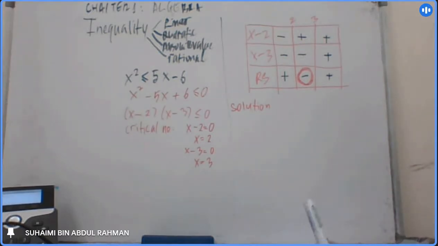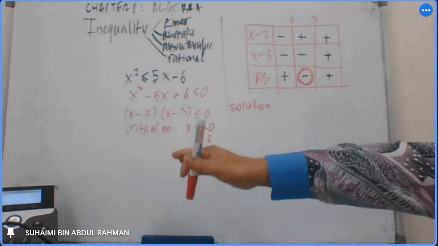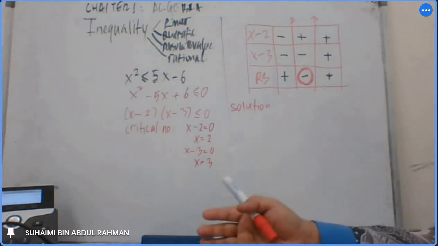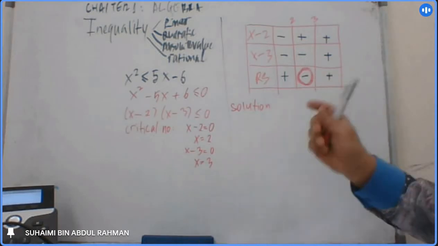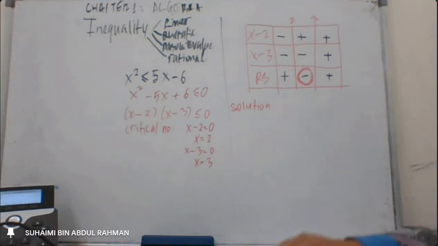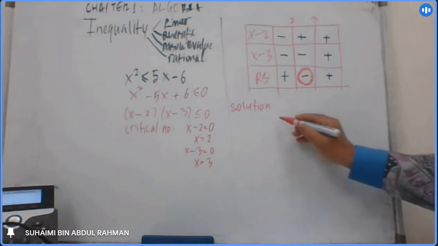In the previous one, the solution is from minus infinity to an arbitrary number. For this case, between 2 and 3, right?